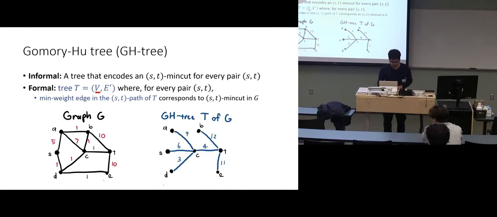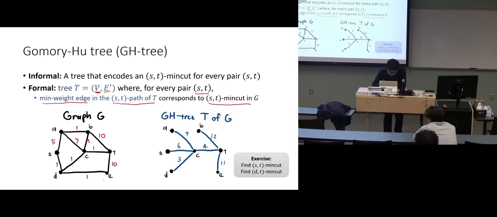It has the same set of vertices, but a different set of edges. And what it guarantees is this. For every pair ST, if you look at the minimum weight edge in the ST path of the tree, that edge will correspond to the ST min cut. That is a bit of a mouthful, but let's see what I mean by this.